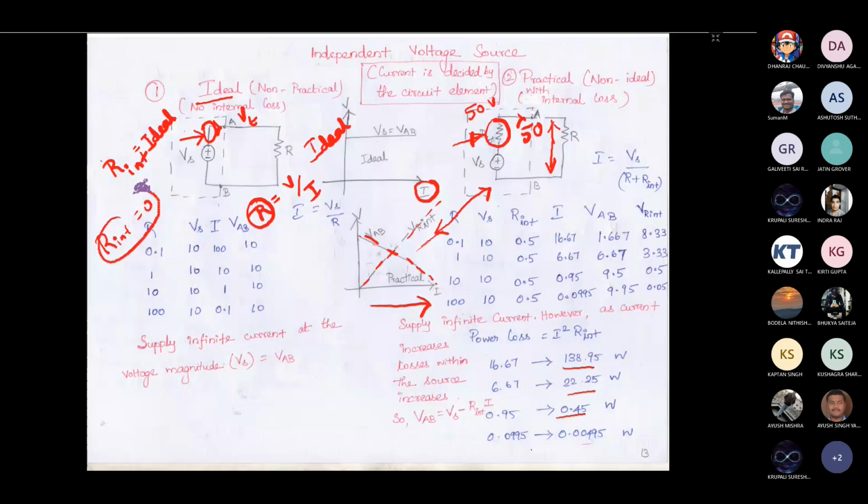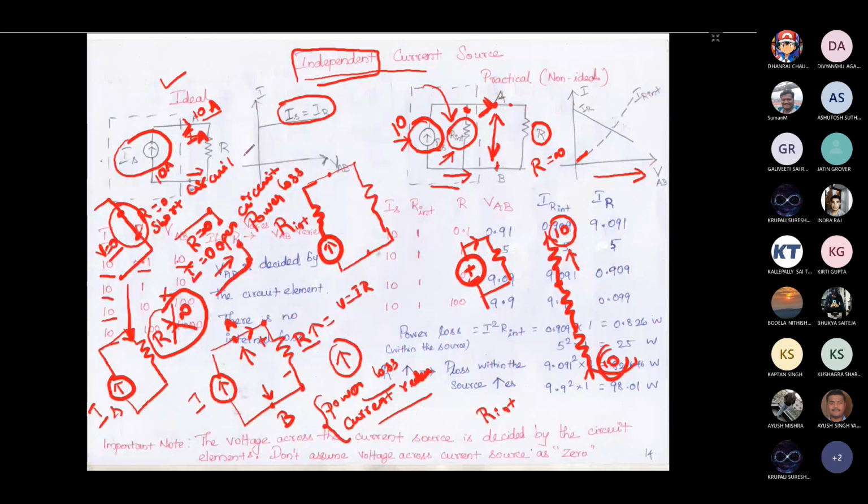Okay, there is a plot for this, so that you can easily understand. Other than this, for an ideal current source, we have the current source like this, and we don't have any current division within the circuit. That means there is an open circuit. So for this, the R internal is equal to infinite.